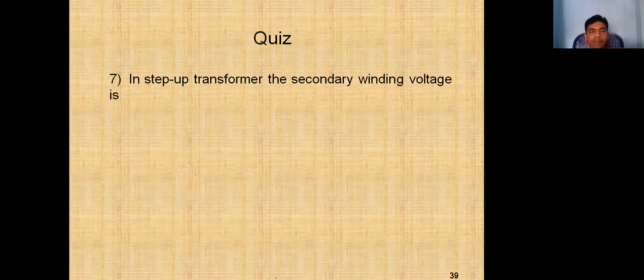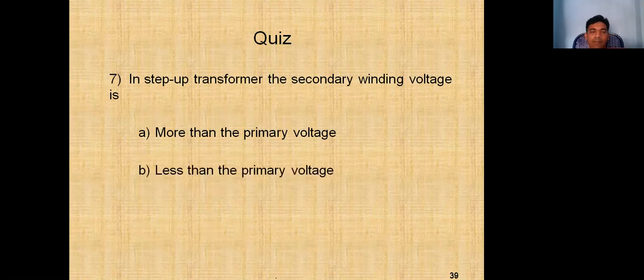In a step-up transformer, the secondary winding voltage is: option A, more than the primary voltage; option B, less than the primary voltage; option C, equal to the primary voltage; option D, zero. In a step-up transformer, the secondary winding voltage is more than the primary voltage.